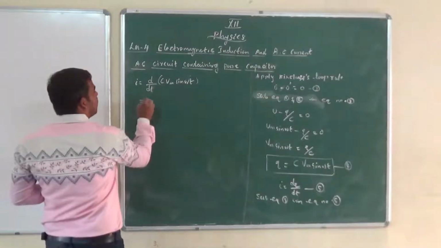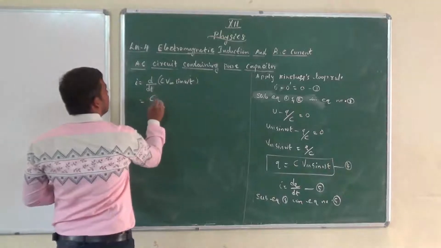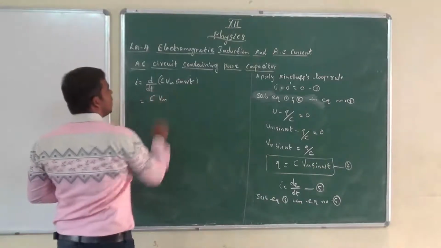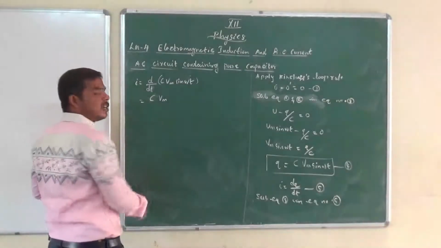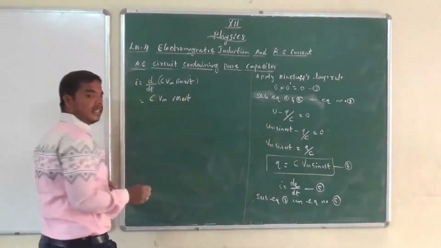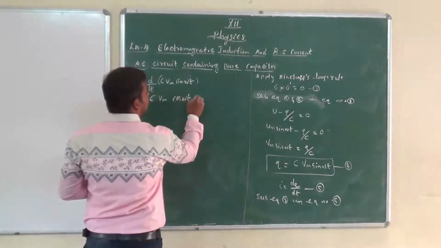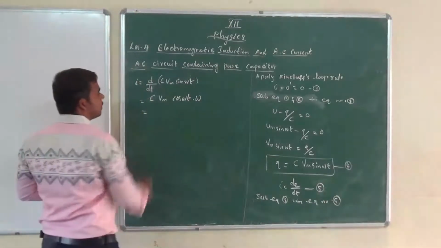Differentiate that. What are the constants? C and Vm are constants. Integration of sin is minus cos; differentiation of sin is plus cos. So cos omega t. If you differentiate omega t, you get omega. So we write that.